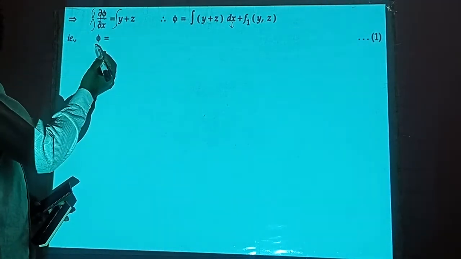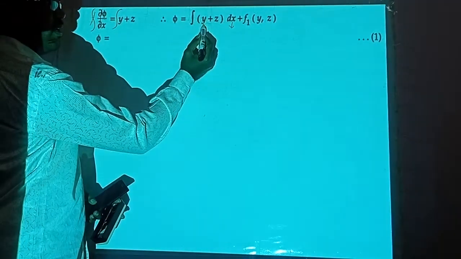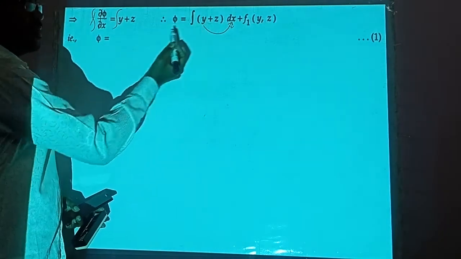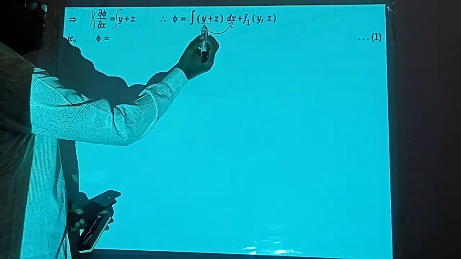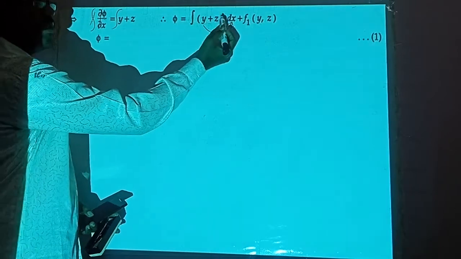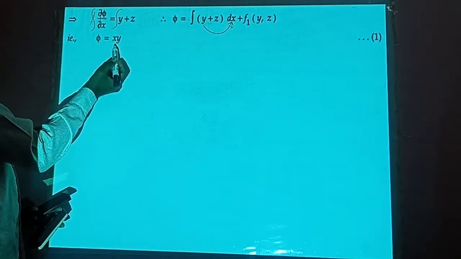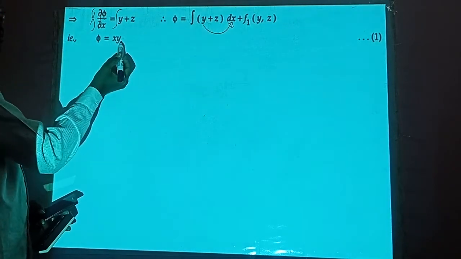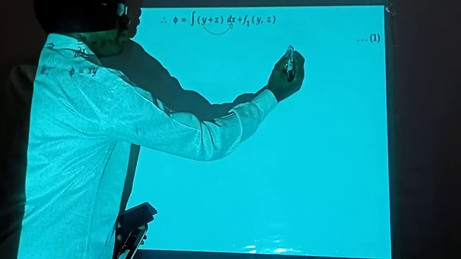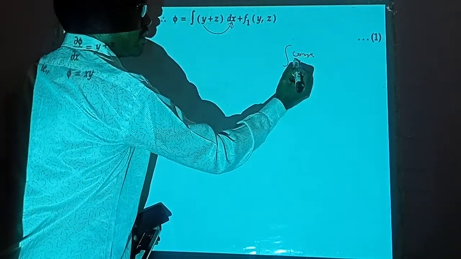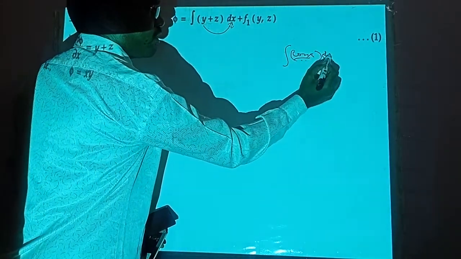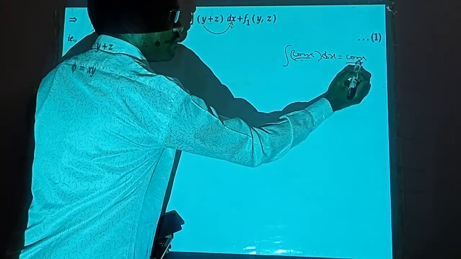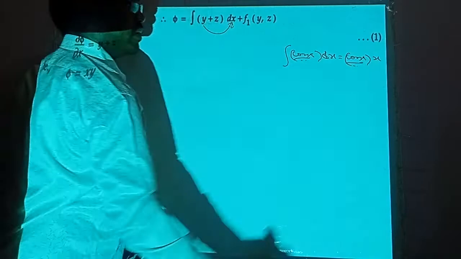So phi is equal to the integration of y with respect to x. Because y is constant, the integration of any constant is constant into x. So integration of y is yx, because the integration of any constant with respect to x will be constant into x.